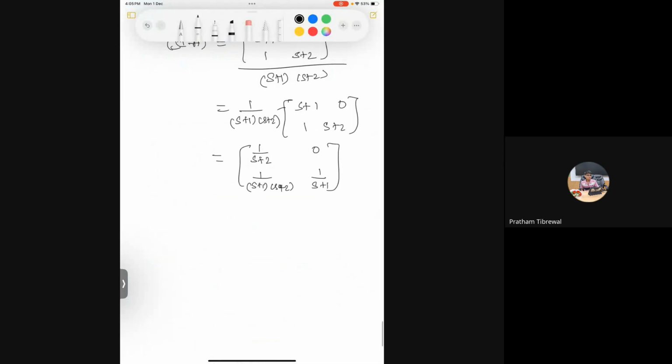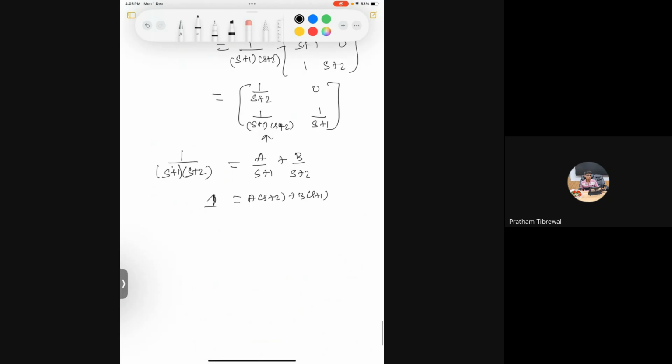Good. Now we have this. Since it has to function in cascade, we are going to find the partial fraction for this. Otherwise, we can go ahead. It will be A by S plus 1 plus B by S plus 2. A into S plus 2 plus B into S plus 1 equal to 1.